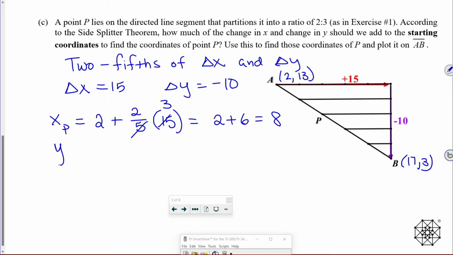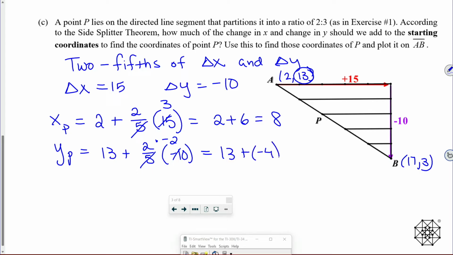Likewise, for my y partition point, I'm going to take my initial y coordinate, and I'm going to add to it 2/5 of my change in y. Now my change in y is negative here, critical. So that's going to be -2 times 2. So that's going to be 13 plus -4.